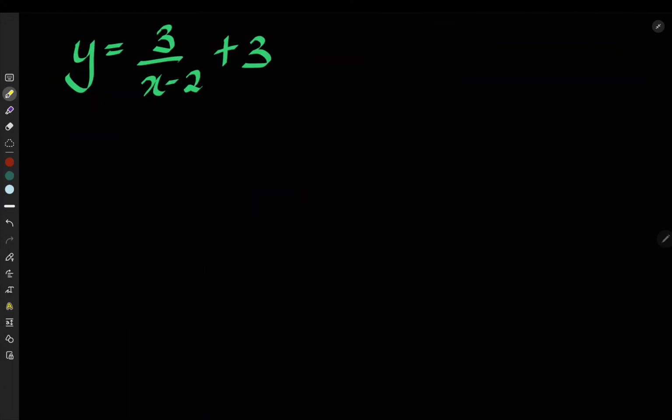Now, in this example, y is equal to 3 divided by x minus 2 plus 3. So the first feature that we want to talk about, remember, is your vertical asymptote. And in this case, your vertical asymptote is x is equal to 2.